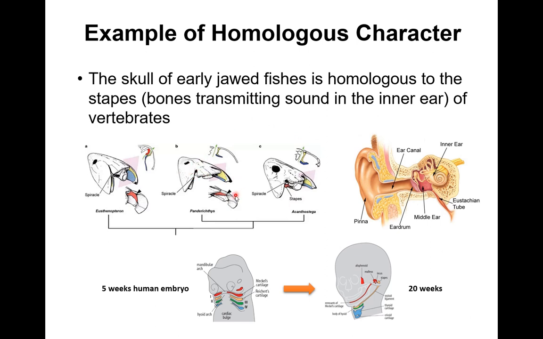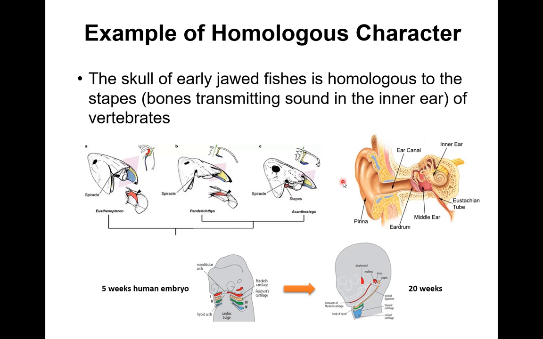And they first evolved also to support the gills. You can actually see that from an embryological point of view. If you look at a human embryo at 5 weeks, you can actually see these bones here. They first give a structure that resembles indeed gills, and then they get assembled together in the middle ear here, allowing for the transfer of the sound.